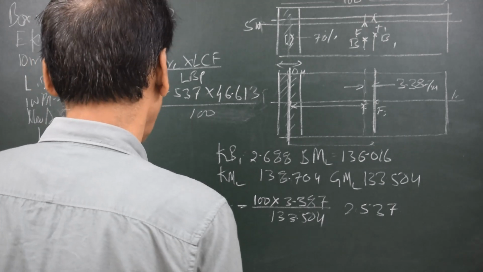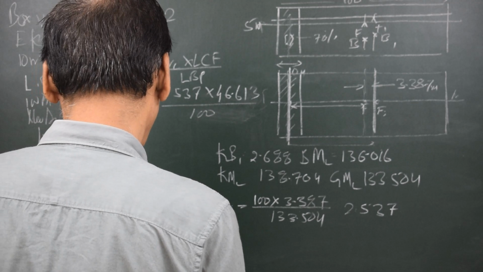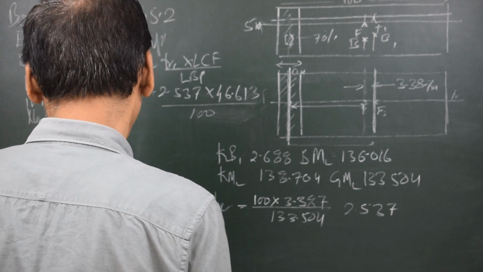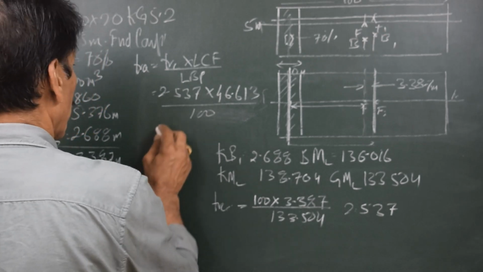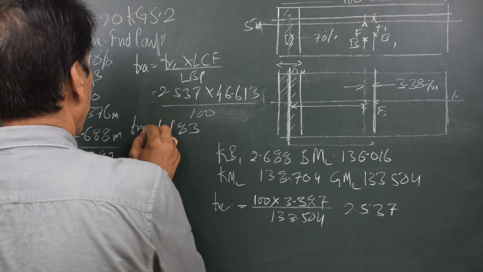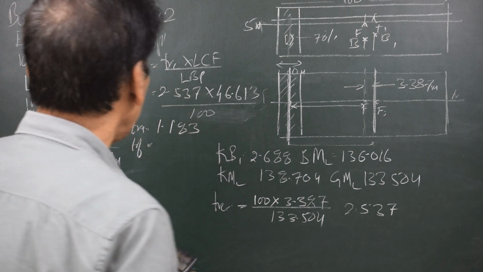So 46.613 into 2.537 equals, divided by 100, gives me 1.182 or 1.183 TRA, and TRF should be TRC minus TRA.